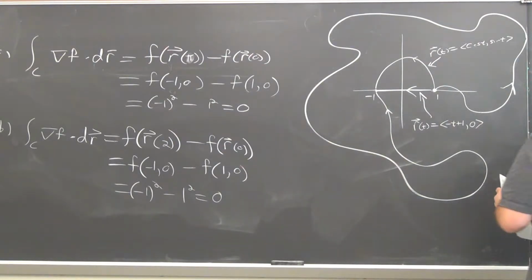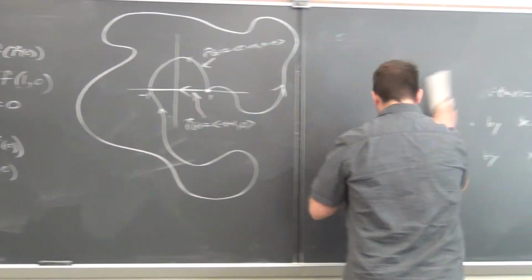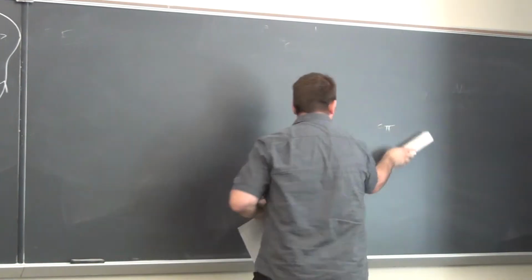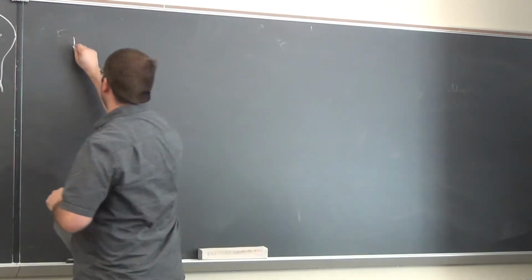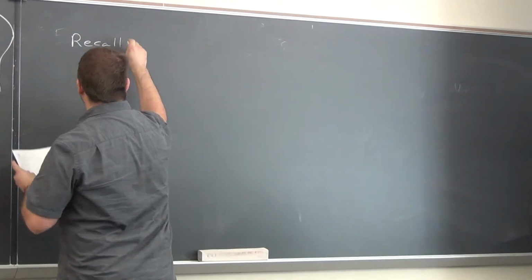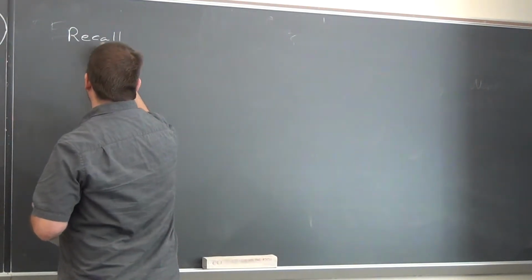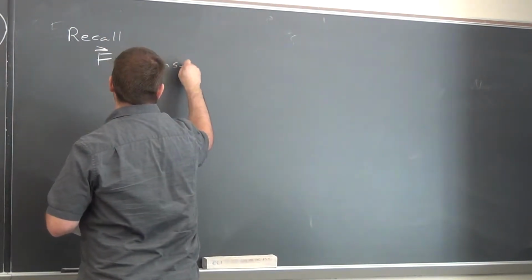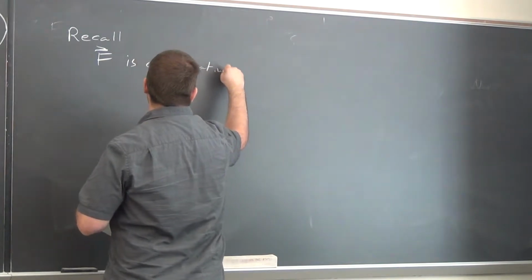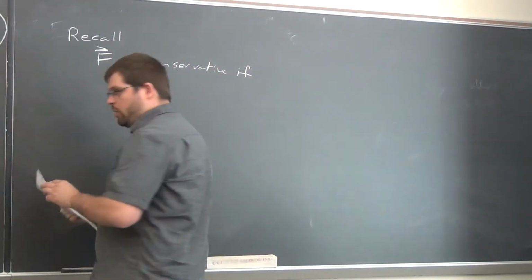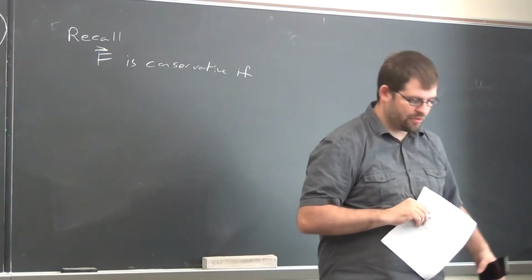So let's just do a couple things. I already basically mentioned this, but let's just do it. Recall, F is conservative if, what was the definition again of being conservative?